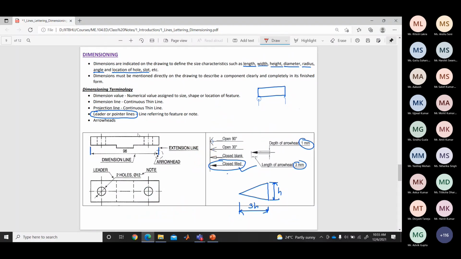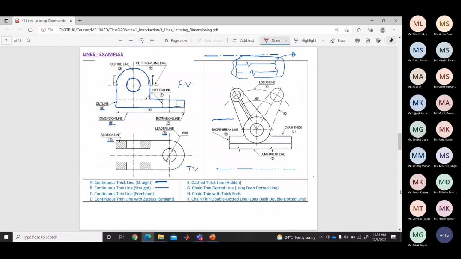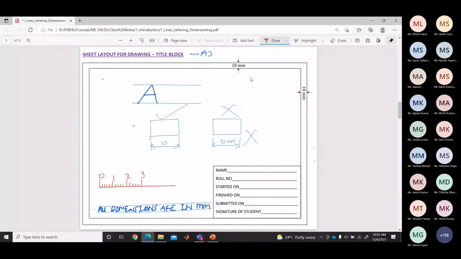The center line is usually used for objects like a circular hole or circle. For example, let's say the circle. Whenever we have a circle, we need to represent the center of that circle. So we draw this line.